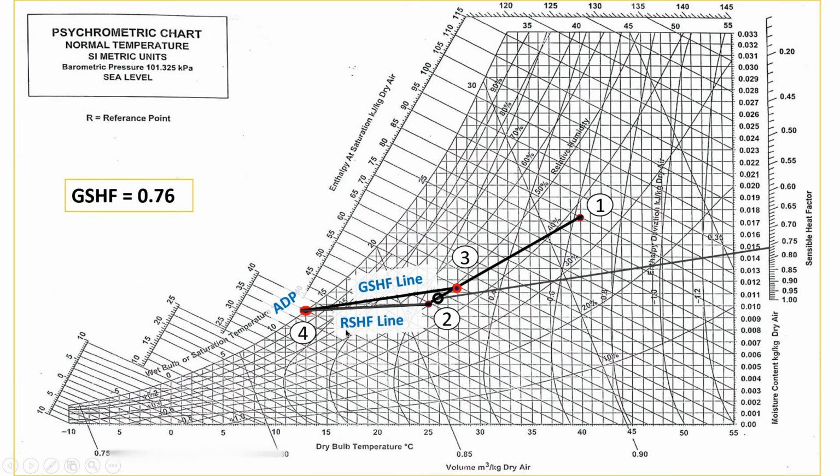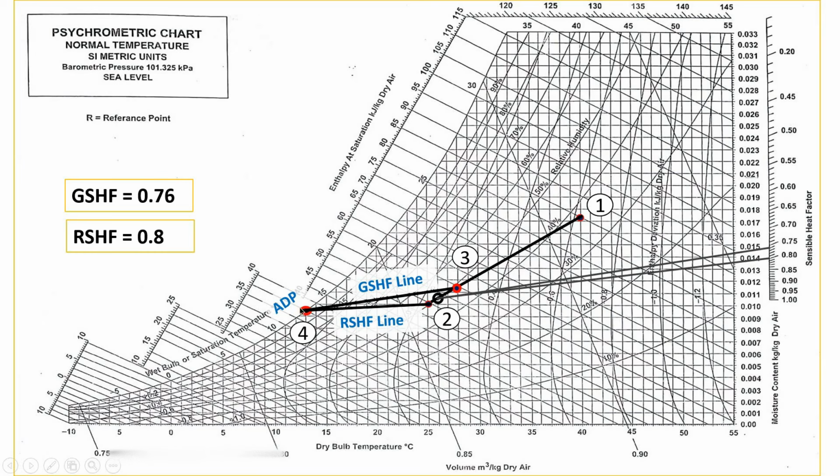Now suppose we have to calculate value for room sensible heat factor. So we can draw a line parallel to this room sensible heat factor line from this alignment circle, and we can extend up to this sensible heat factor scale, and we can read the respective value. So room sensible heat factor it is 0.8. Now here this point 4 it is the condition of air after passing over the cooling coil.